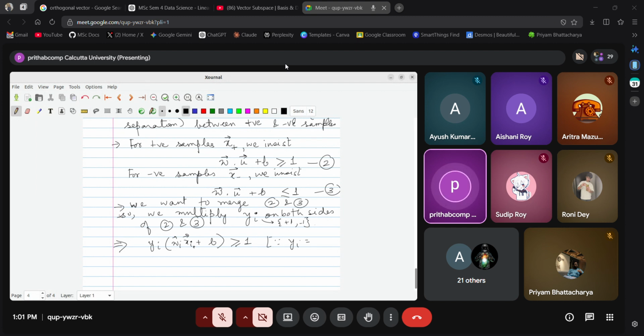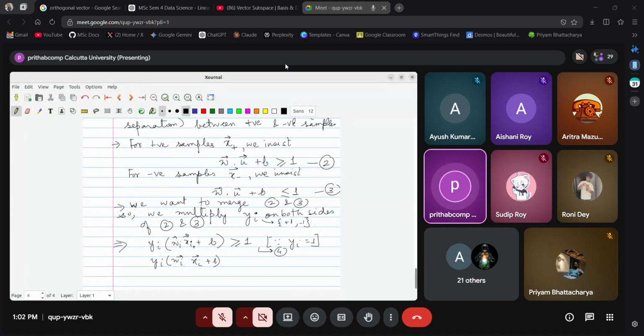Since yi is equal to 1, we can write this as equation 4. Similarly, yi into wi xi, plus or minus whatever it is, plus b.